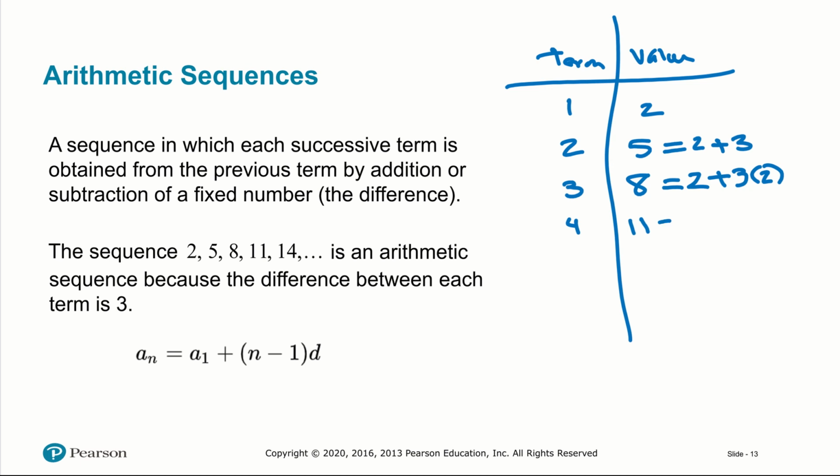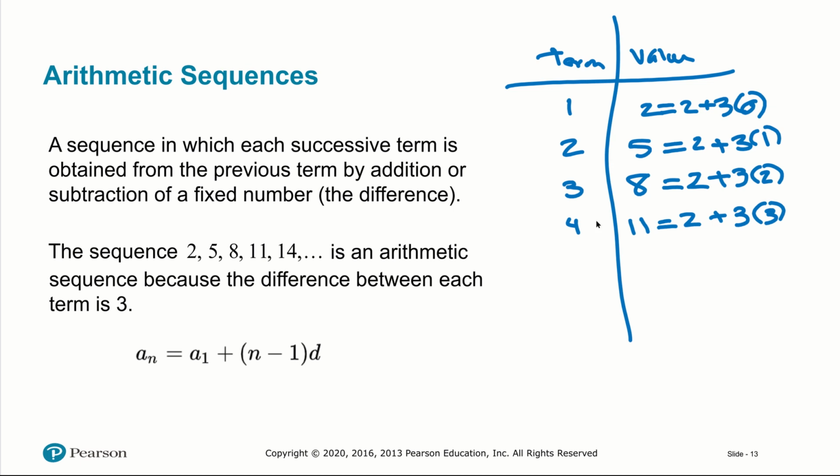And notice we can do that with 11. We can say that's 2 plus 3 of those common differences, right? So by the way, notice we can even do that with the very first term. We can say that's 2 plus none of those common differences, or 0 of them, you see? And this second one, we can also say 3 times 1.